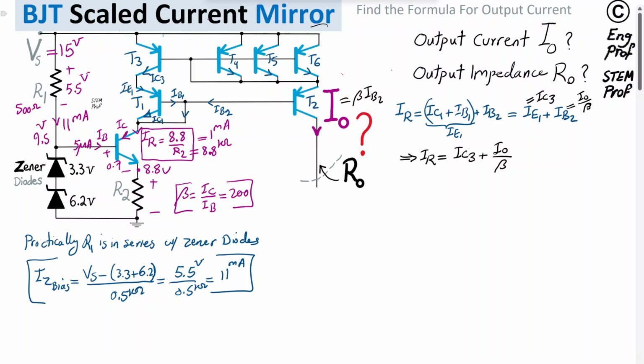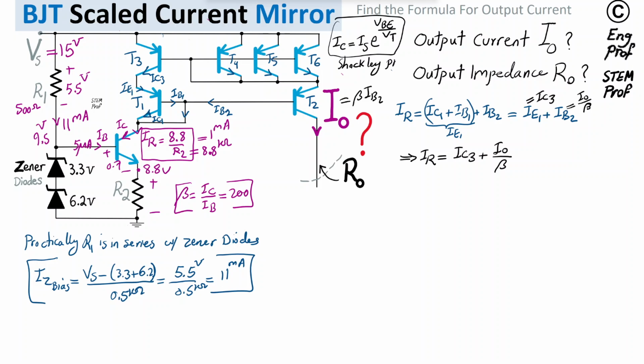So if they have the same base-emitter voltages, as they do here, then because of the Shockley PN junction equation, which says the collector current of a PN junction of a bipolar transistor is equal to the saturation current times e to the power of the voltage of base-emitter, or emitter-base, divided by the thermal voltage VT, which at room temperature is roughly 25 millivolts. This is referred to as the Shockley PN junction equation.